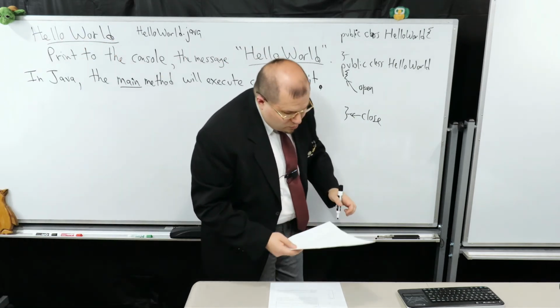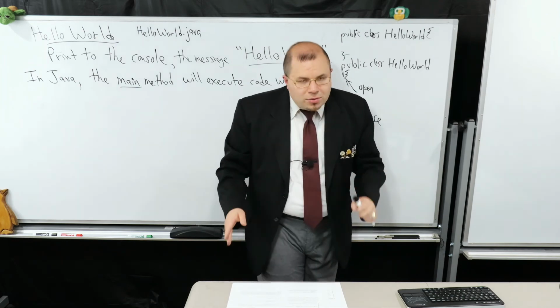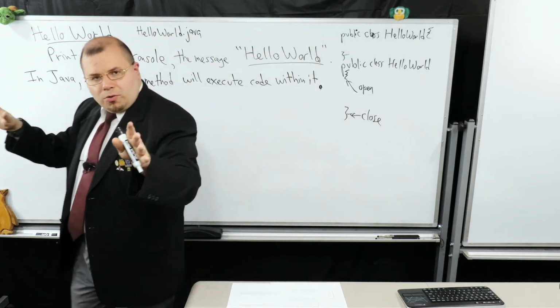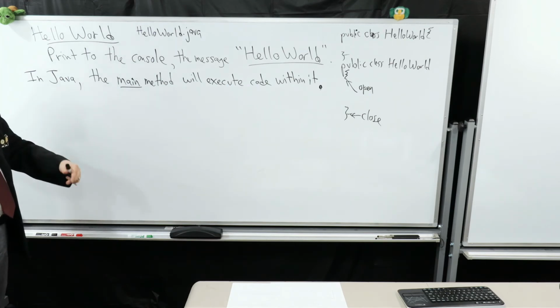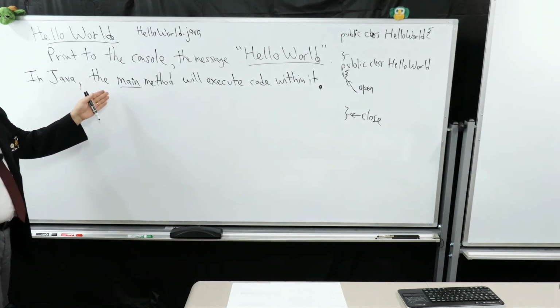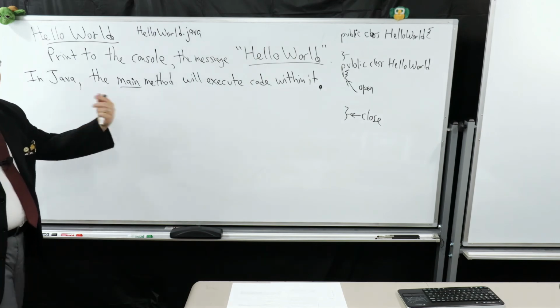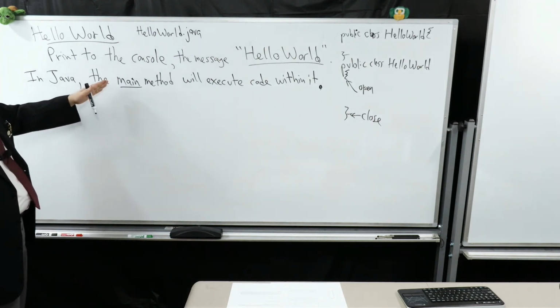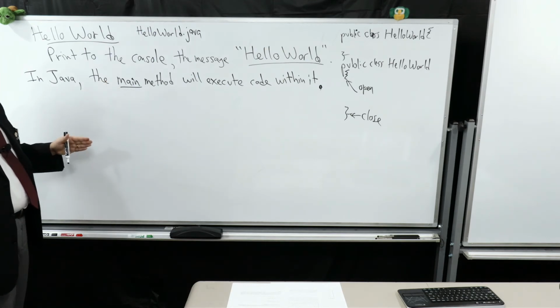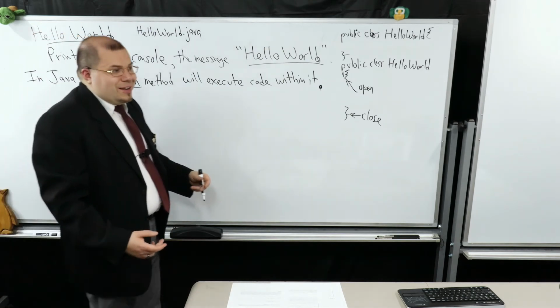Just be aware that if you want code that's going to execute for our program, it had better be in this main method. Otherwise, you have to have something that's going to call that method. Call is a fancy way of saying invoking a method. You're going to see an example of what one of these methods looks like in a moment. As long as it's inside of this main method, you're okay, and it will actually run it.